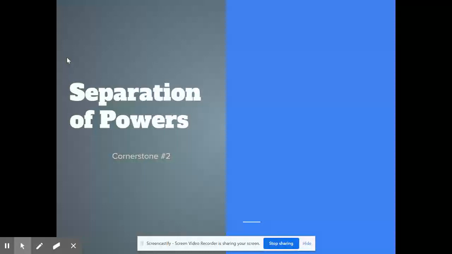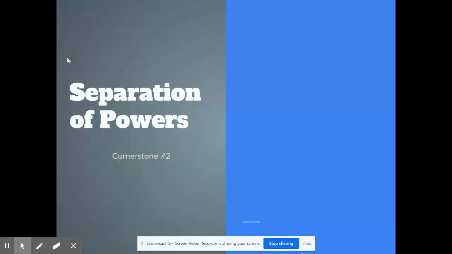As you remember, the purpose here is to show those things that have been put in place to limit the government's power under this new, stronger, more effective U.S. Constitution. The first one was federalism, taking the government's power and slicing it in half and giving half of those powers and responsibilities to the states. The next is going to be the separation of powers.